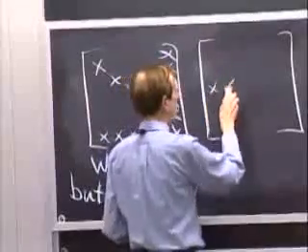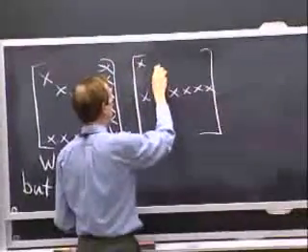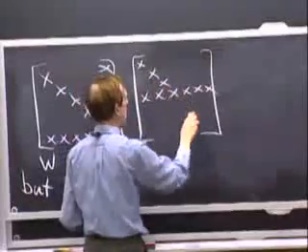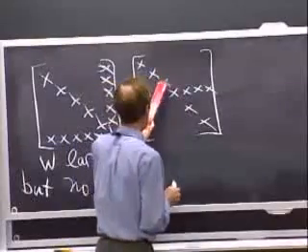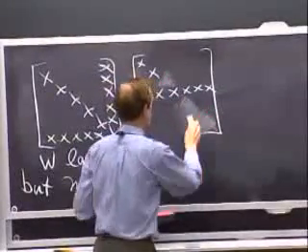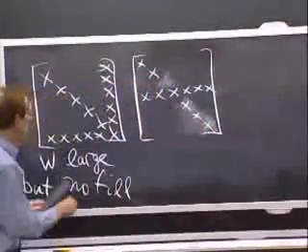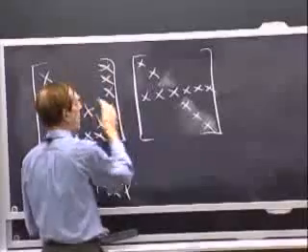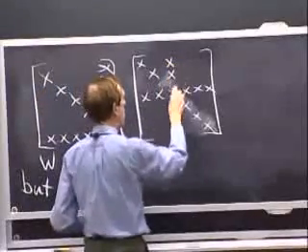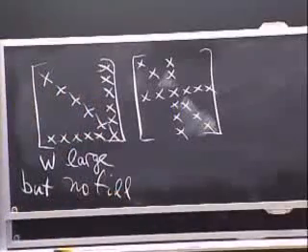So that bad row comes up in the middle, and I guess I need 3 x's down here. And I'm going to do the same permutation from the right, so that will move this column over to the middle. So this would be a P matrix, P transpose thing, I think.